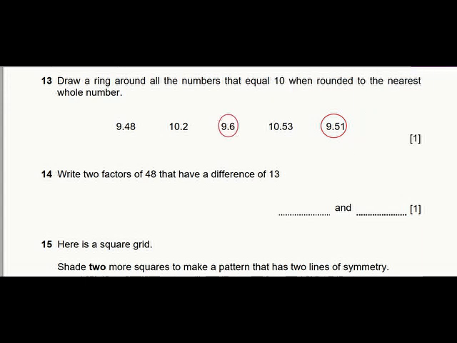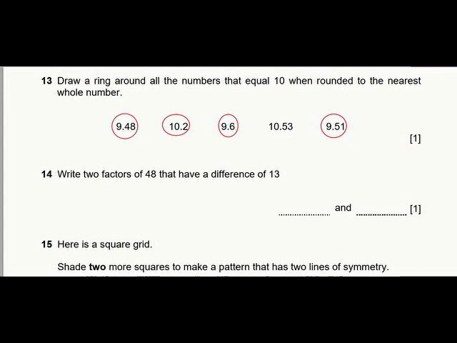What about this one? Now, 6 is actually greater than 5, so definitely it works. This one, if you round it to the nearest whole number, and it actually has a 2, you have to round it down. You have to bring it down so it will be 10. So as a matter of fact, this works for my operation, if I am rounding it to the nearest whole number.